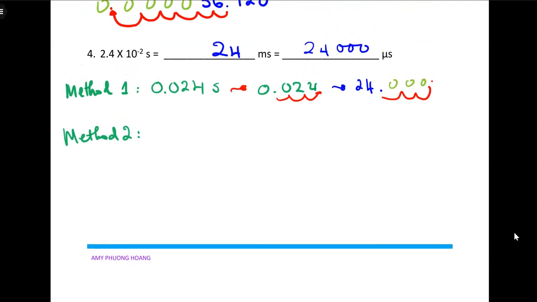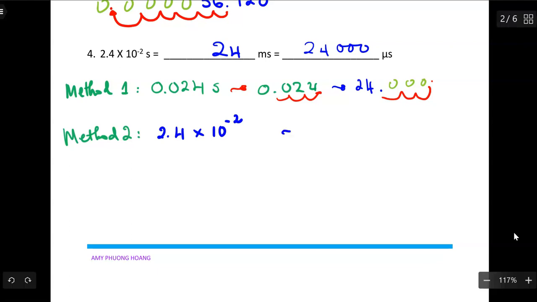Okay, so for here, I will have it as 2.4 times 10 to the negative 2. And then I know that I have to convert to milli. Milli is the equivalent of 10 to the negative 3, okay?